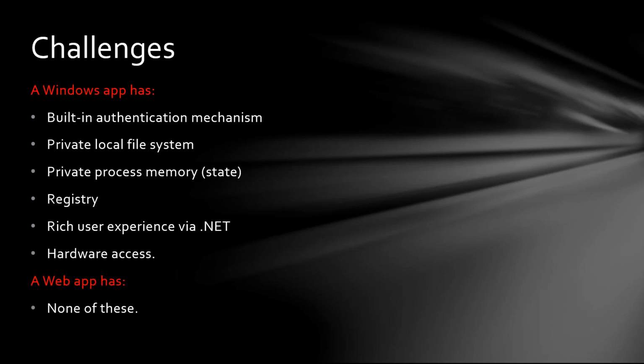Your PC knows who you are when you're using it. You have a local file system on your hard drive or multiple hard drives that's always accessible through your Win API or your .NET API. Your application is running in a private process that is exclusive and well managed, and you don't have to worry about that memory being destroyed before you're ready to terminate a process.